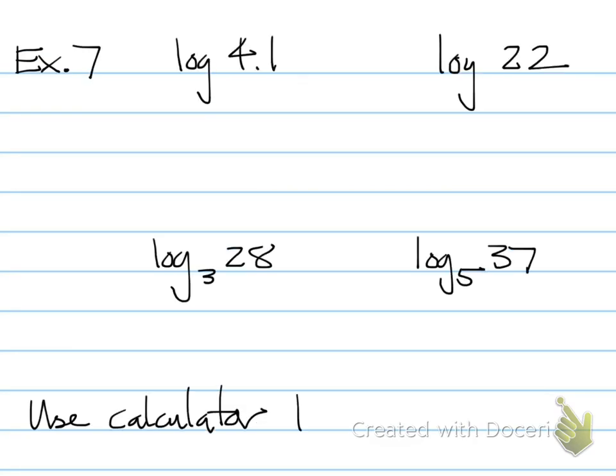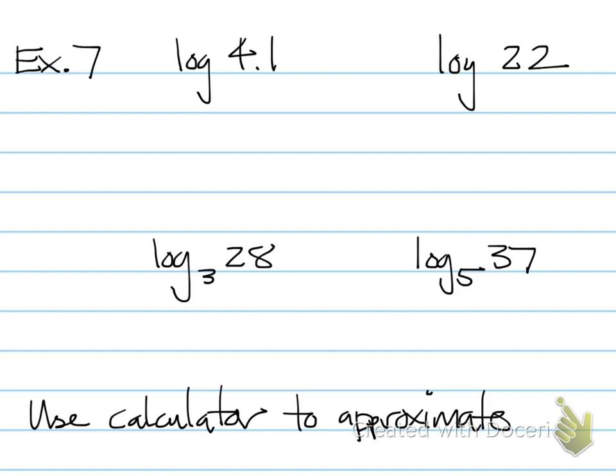Alright, so for these we're just going to use the calculator. For the first log you don't have to press the math button, because the first two have no base written for the logarithm. The base is understood to be 10, a common log, log base 10.